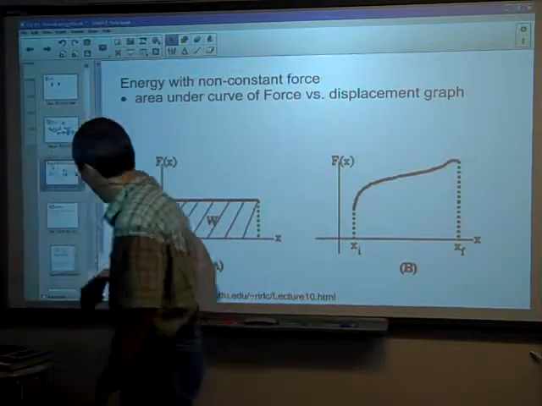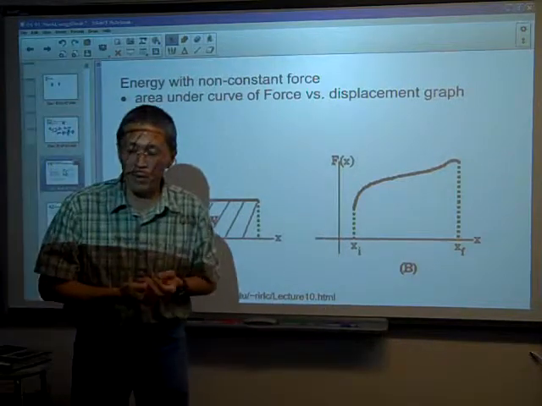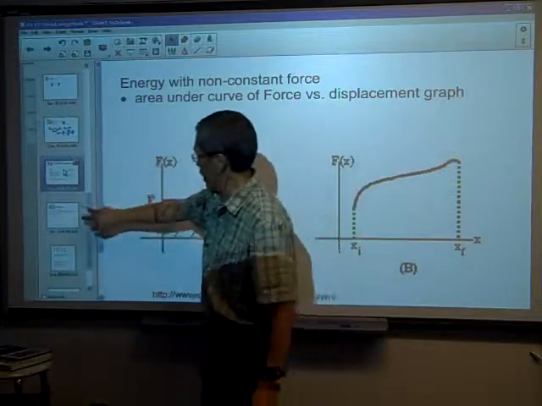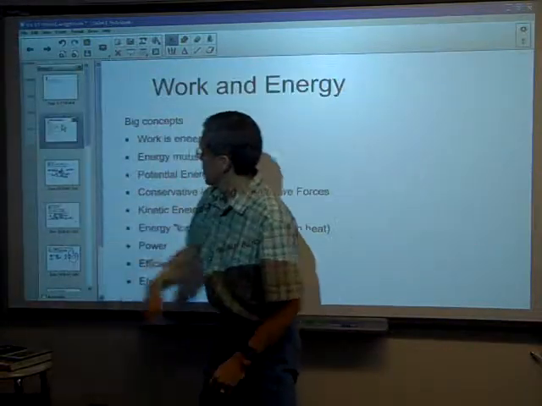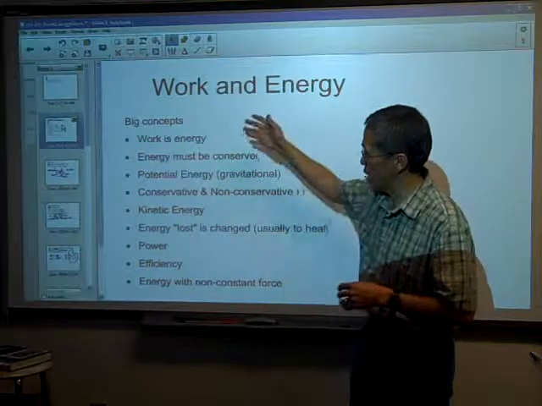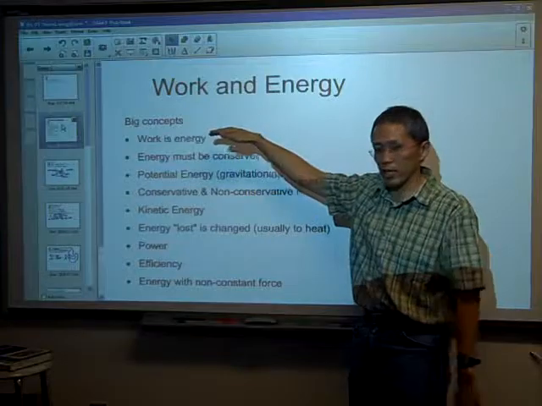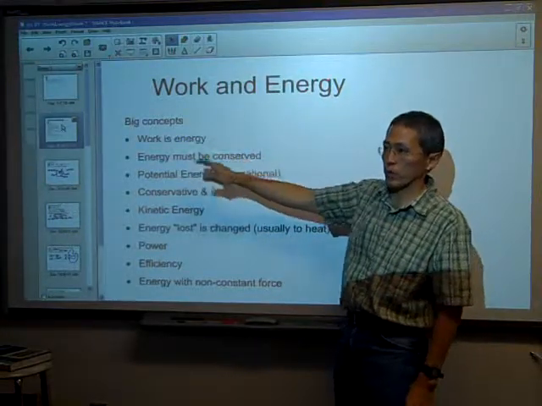And I think the rest of it is a couple problems, and we'll talk about more problems as we go along. But I know we did a lot of stuff here. Talked about it very quickly, but basically we talked about pretty much all this stuff here. Work is energy. Energy's got to be conserved. There's a few equations we went through.